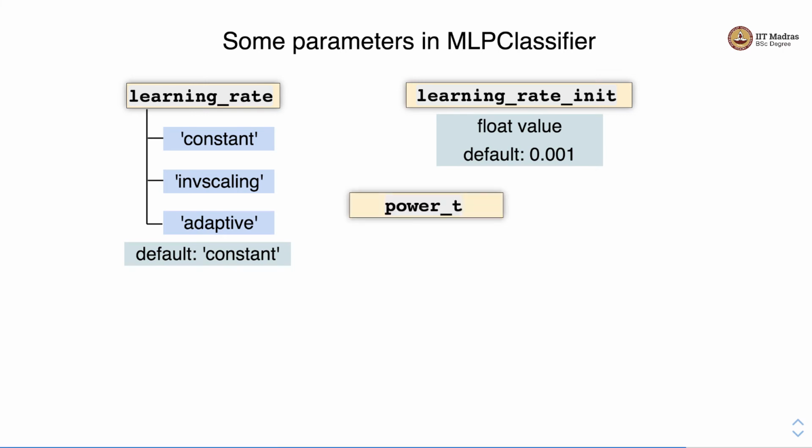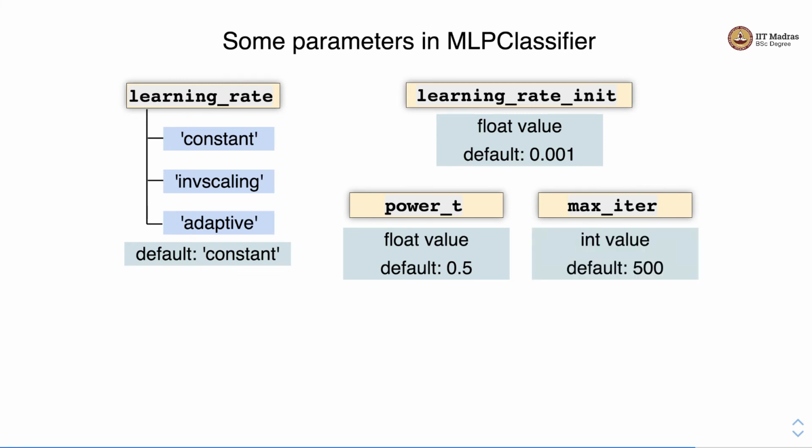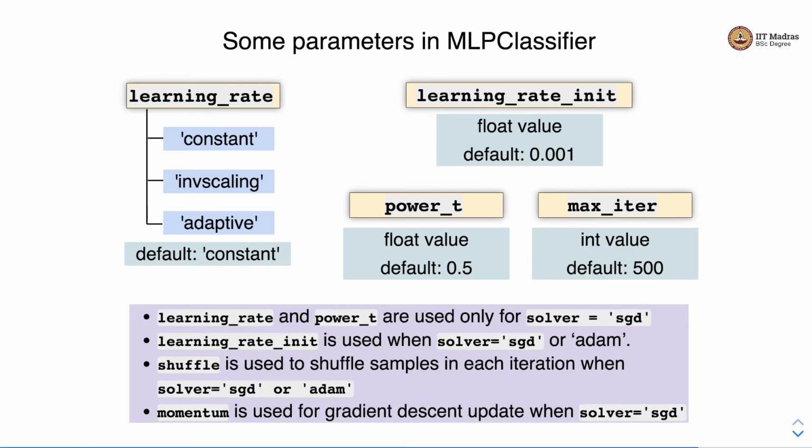There are other parameters like power_t with default value of 0.5 and max_iter with default value of 200. Learning_rate and power_t are used only for solver SGD. Learning_rate_init is used for solver SGD or ADAM, and shuffle is used to shuffle samples in each iteration when solver is SGD or ADAM, and momentum is used for gradient descent update when solver is equal to SGD.